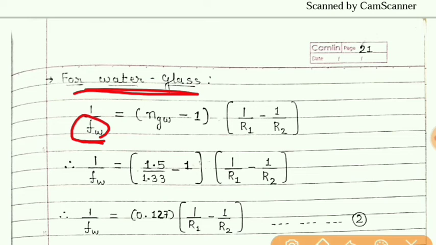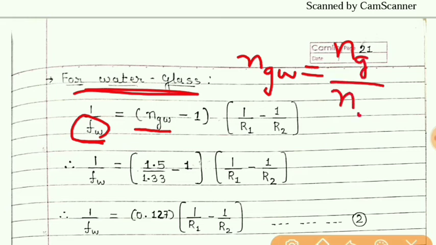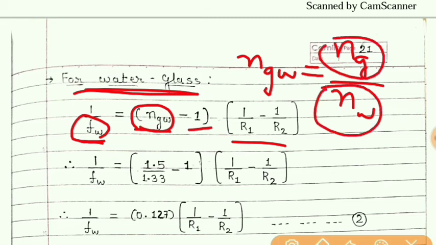Now see, it is NGW, refractive index of glass with respect to water, that is equal to N of G upon N of W. Rest of the things as it is, but NGW is Ng upon Nw means this 1.5 for refractive index of glass, that is this, and Nw is refractive index of water.